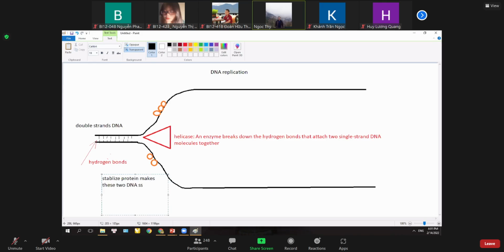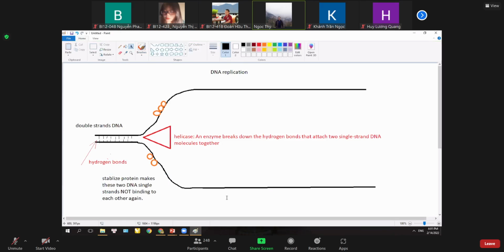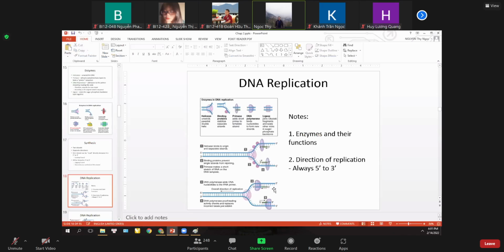In a single strand. Okay. So the next enzyme we have is primase here.